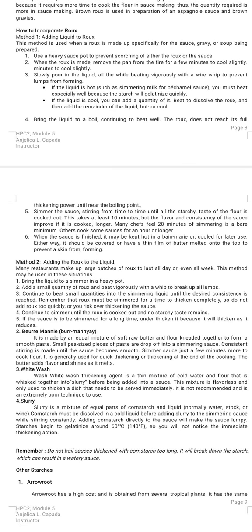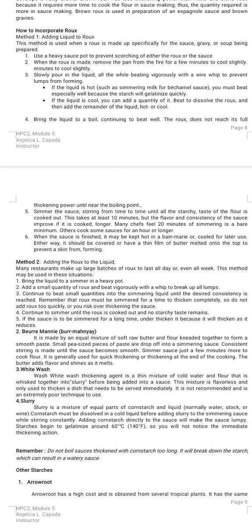How to incorporate roux. Method 1. Adding liquid to roux. This method is used when a roux is made up especially for the sauce, gravy, or soup being prepared. First, use a heavy sauce pot to prevent scorching of either the roux or the sauce.